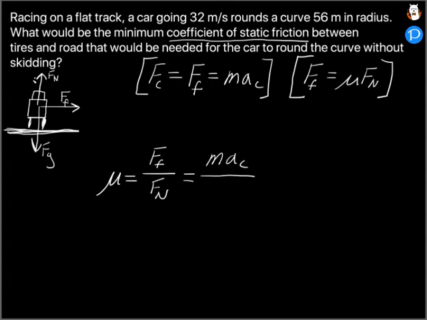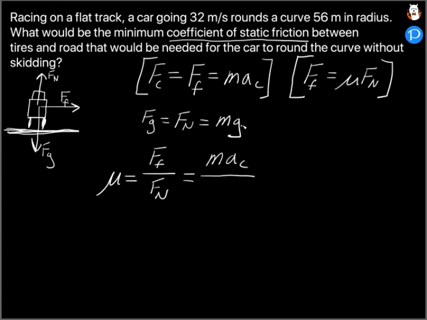Normal force: how do I figure out the normal force? In this case, it's just a car on the road, so the normal force is going to be equal to whatever the force of gravity is. So the normal force is equal to mass times g, which is negative 10 or negative 9.8 meters per second squared.